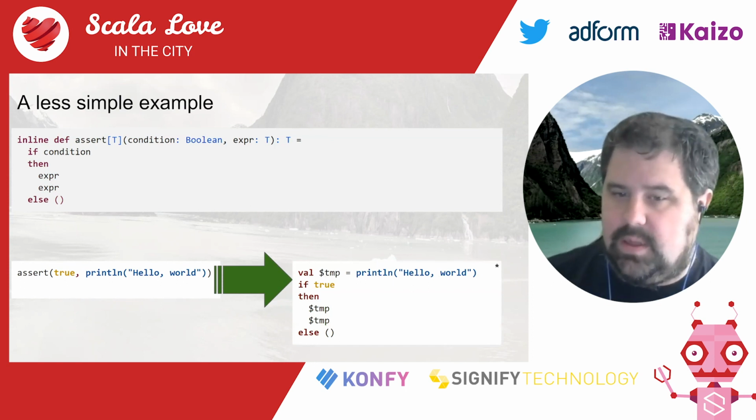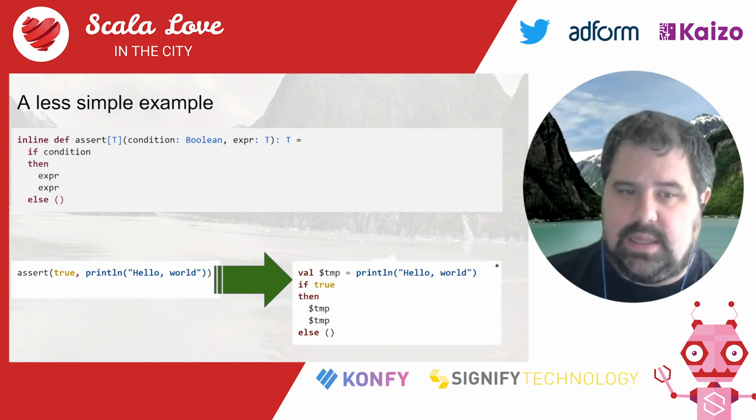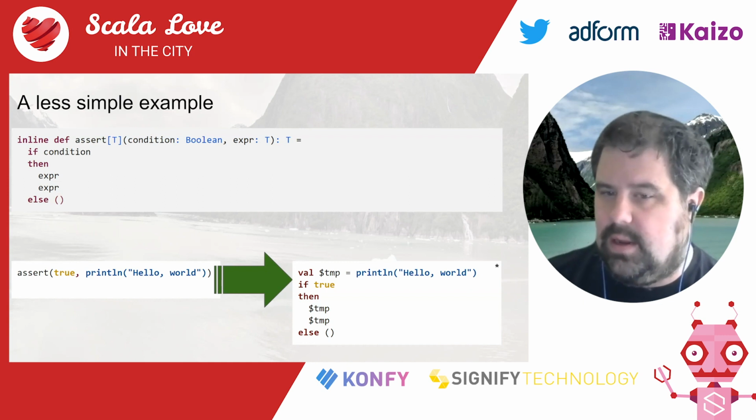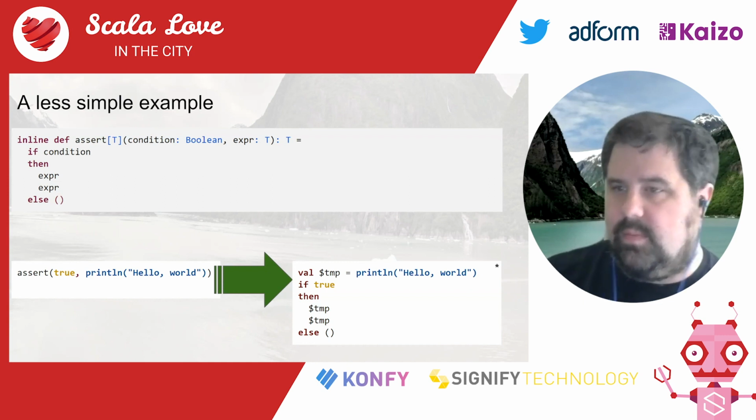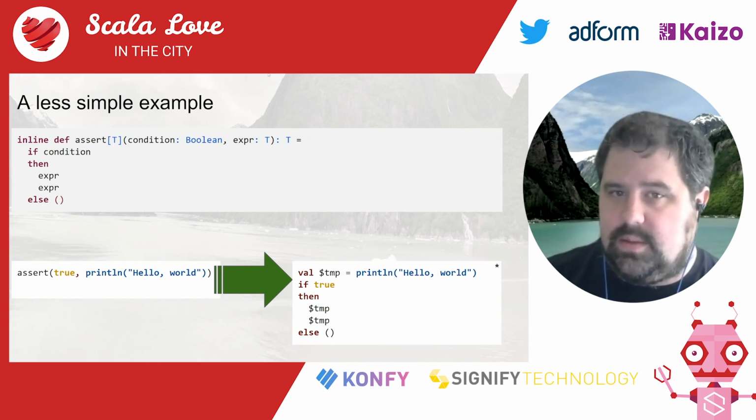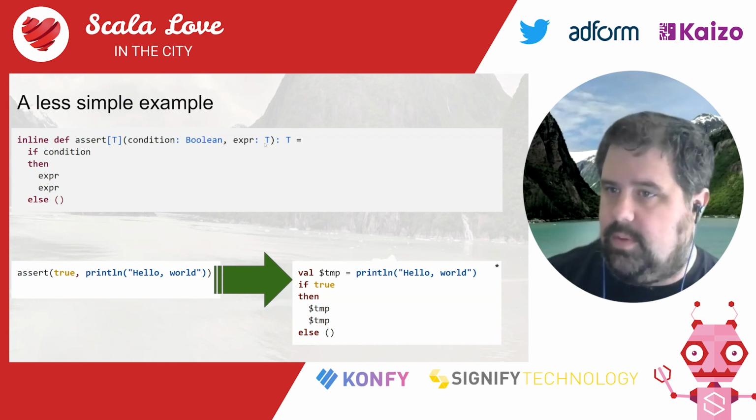Well, it kind of compiles down to this, you would think, right? If you know Scala, this particular argument variable is known as a by-value argument variable. So the way Scala has to encode this in inline is it actually has to assign it to a temporary and pass it into the function.